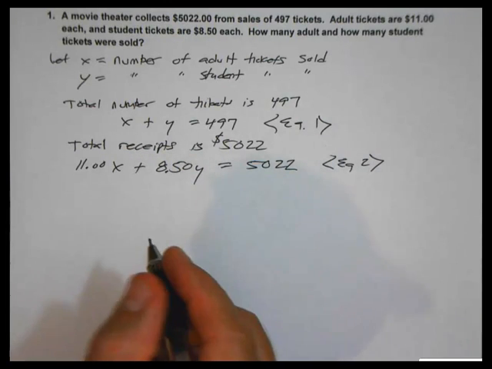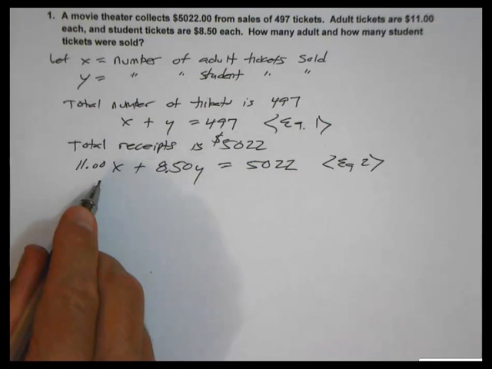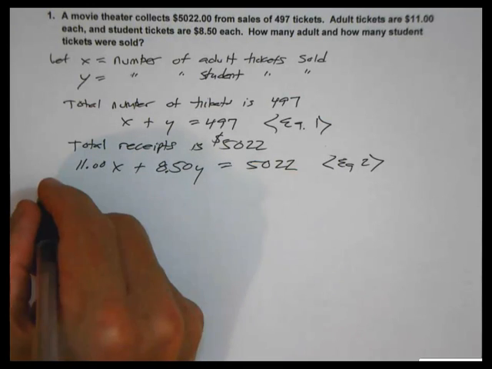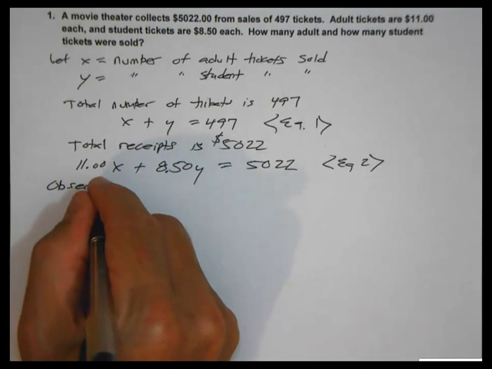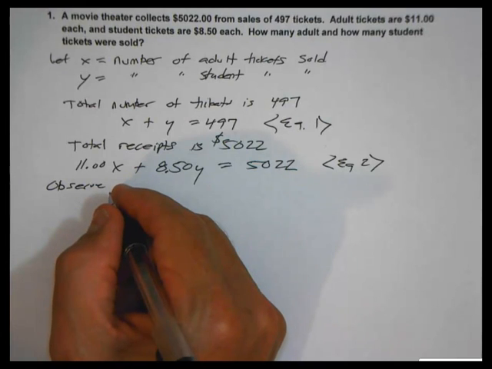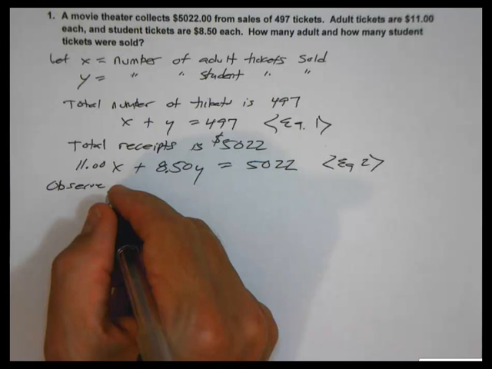And now what kind of math problem have we got? If we look at these equations 1 and 2 here, you notice two variables, linear in each. Okay, so observe. You don't have to write this down, but it's important when you're doing a problem to make a note of what kind of math problem you have gotten into here.